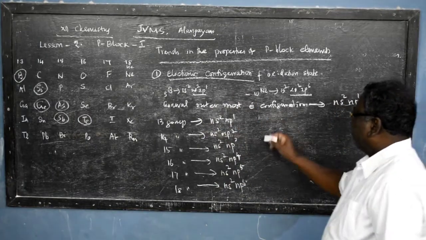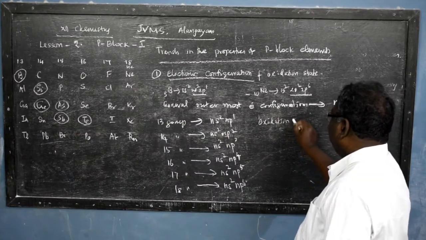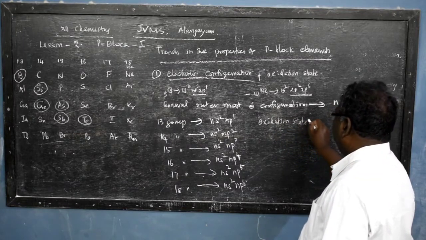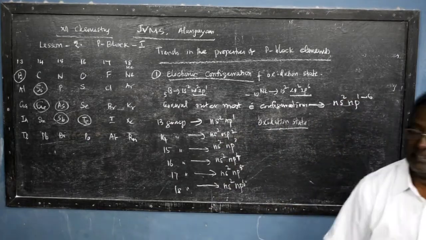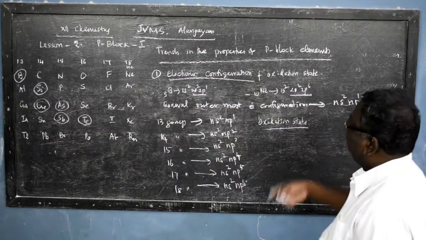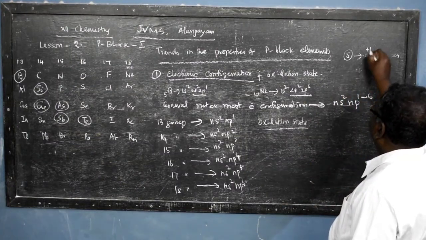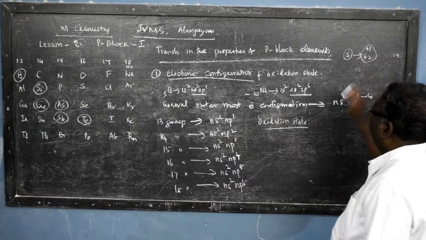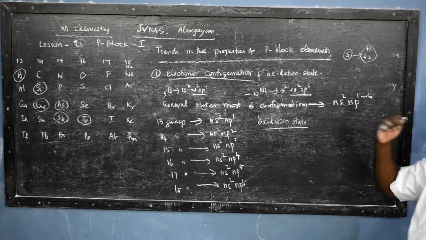So as far as the oxidation state is concerned, what is the oxidation state? We know that it is the number of electrons given or taken or shared while an element is forming compounds. So for example, s block elements will have either +1 or +2 as the oxidation state, right? Because they give 1 electron, they give 2 electrons.